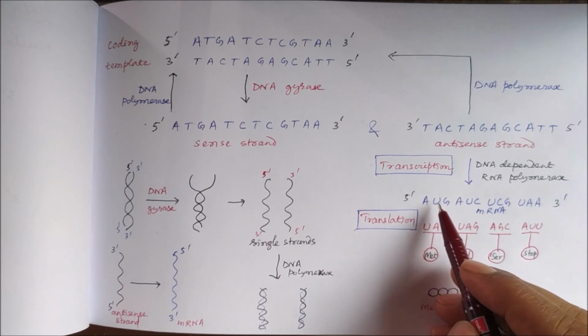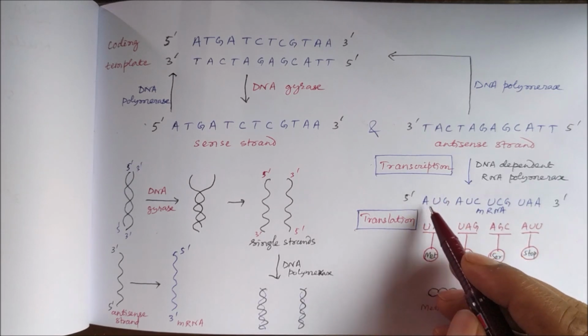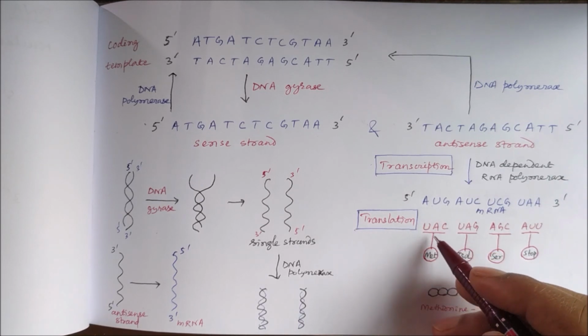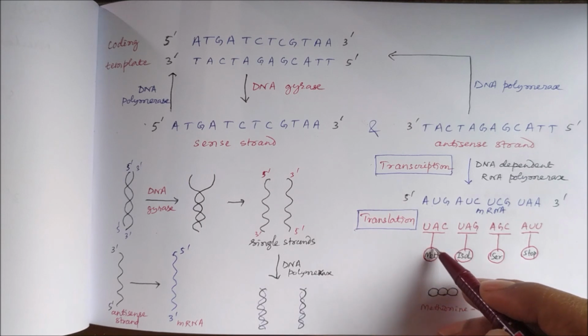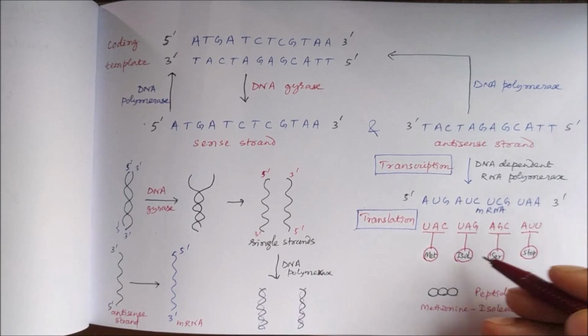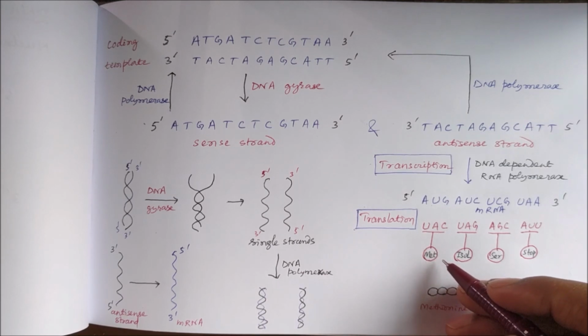So AUG is the start codon, and the anticodon for AUG is UAC. At one end of the tRNA there is the UAC anticodon, and at the other end there is methionine, the amino acid. So most proteins have methionine as the first amino acid.